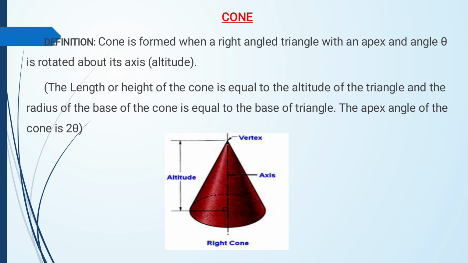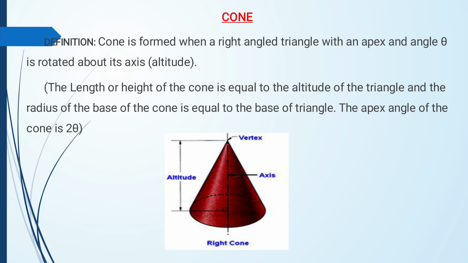The diagram clearly represents the red color cone, and the blue color letters clearly indicate the altitude, the total height of the cone, and the vertex point, or it is called the apex point. The vertex point of the cone is a sharp corner, where all the connecting edges of the cone meet. Then the axis, the center line of the cone, is called the axis.